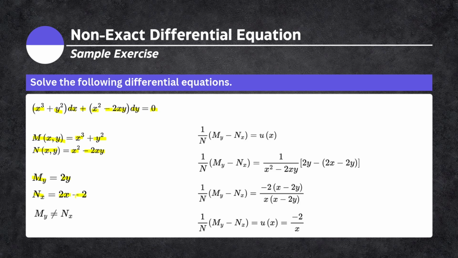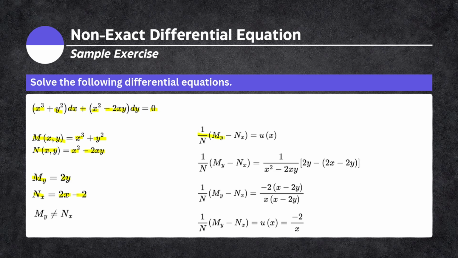Since they are not equal, we have a non-exact differential equation. We need to solve for the integrating factor so that if we multiply it with our DE, we can make it an exact equation. So let us first solve for the integrating factor.